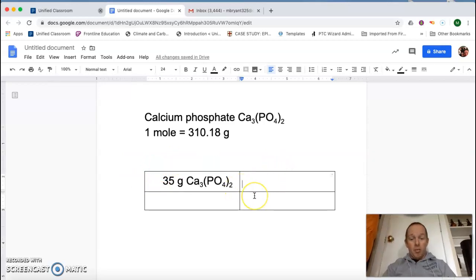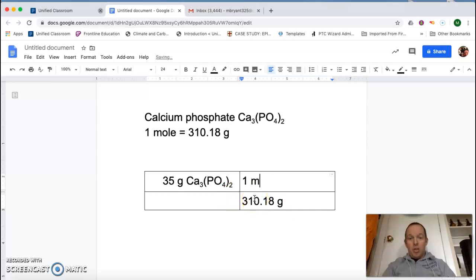If we were to set this up like a grid like we've been doing in class, the grid consists of a series of fractions, and the fractions are going to allow us to cancel out the first unit, the one we put in the upper left-hand corner, and get the unit that we want. So if we're asked how many moles are in 35 grams of calcium phosphate, we would put 310.18 grams on the bottom, because that represents the number of grams in 1 mole.